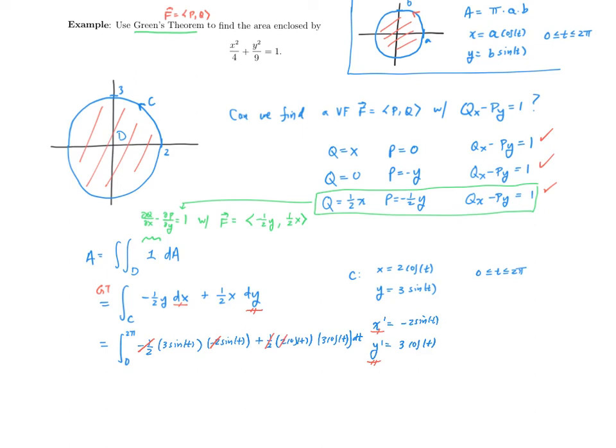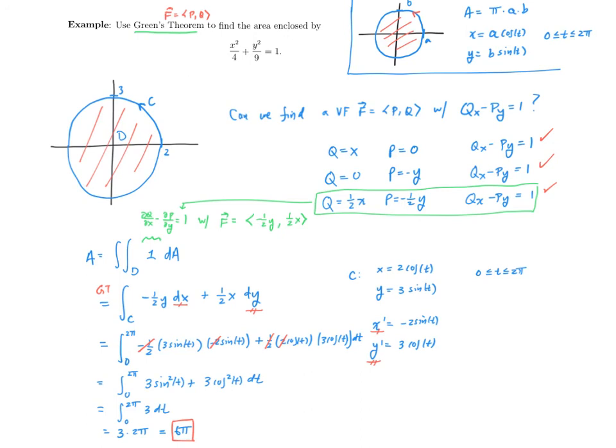The 1/2 and the 2 also cancel each other. So we have the integral from 0 to 2 pi of 3 sine squared t plus 3 cosine squared t. If we factor out the 3, and note sine squared plus cosine squared is 1, we have the integral from 0 to 2 pi of 3, which is equal to 3 times 2 pi, which is the desired value, 6 pi, which is the area enclosed by this ellipse.